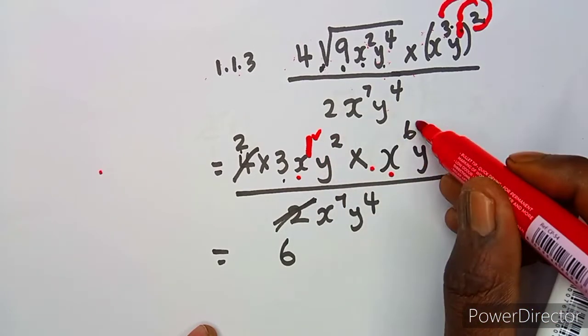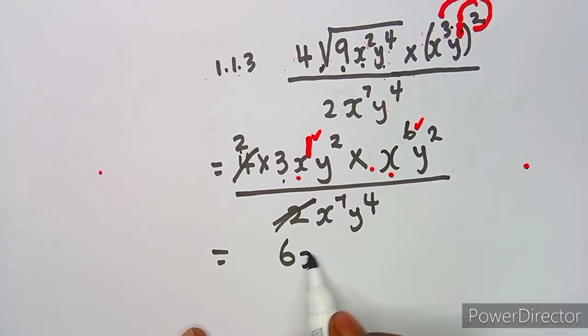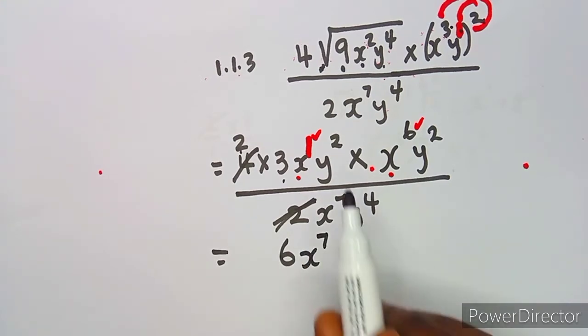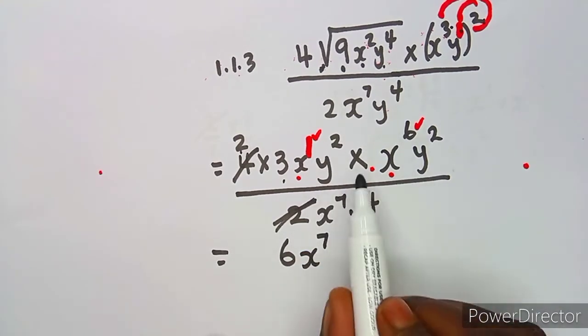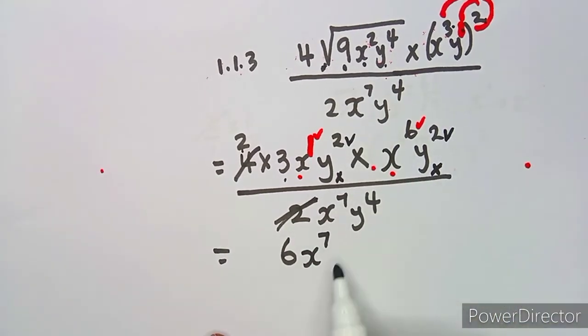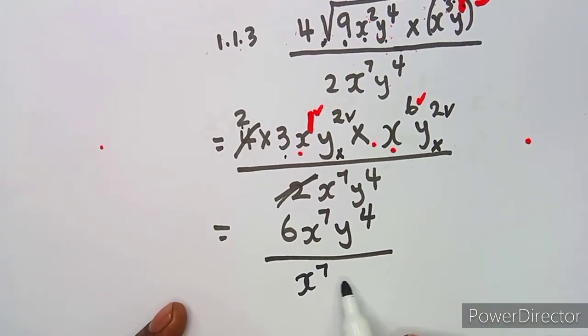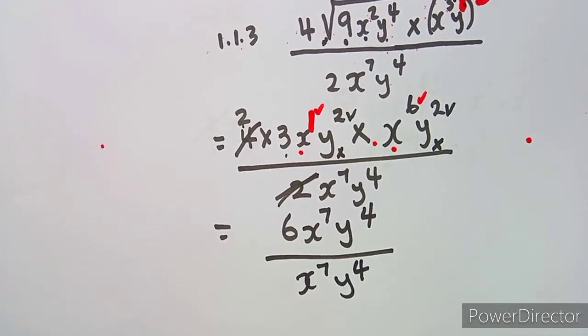You add 1 and 6, because you are multiplying bases which are the same, so you're going to have x to the exponent of 7. You do the same with y and y here: 2 plus 2, which is to the exponent of 4. Everything over x to the exponent of 7, y to the exponent of 4.